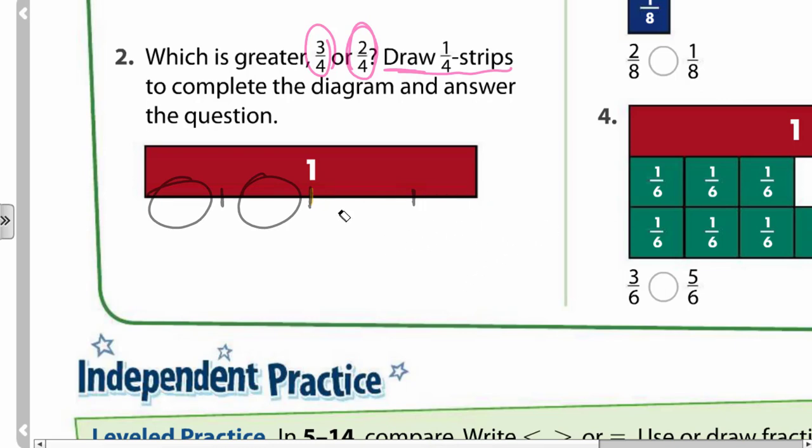Let's start drawing. We can start by drawing 3/4 because we need here 3/4. So I will make here 3/4. This is the first one. Okay, 1/4.